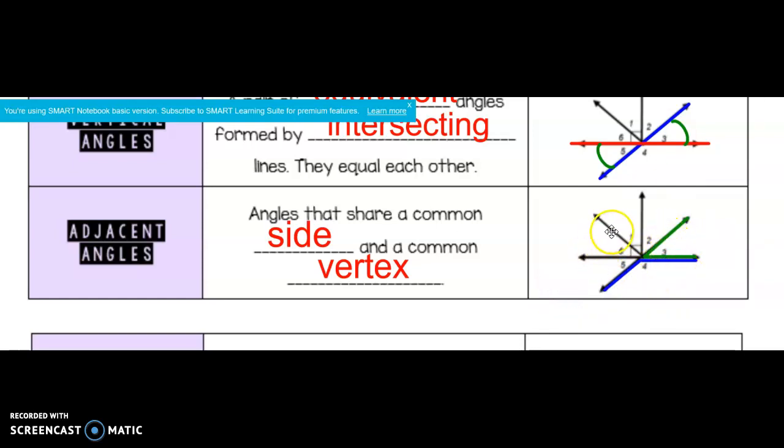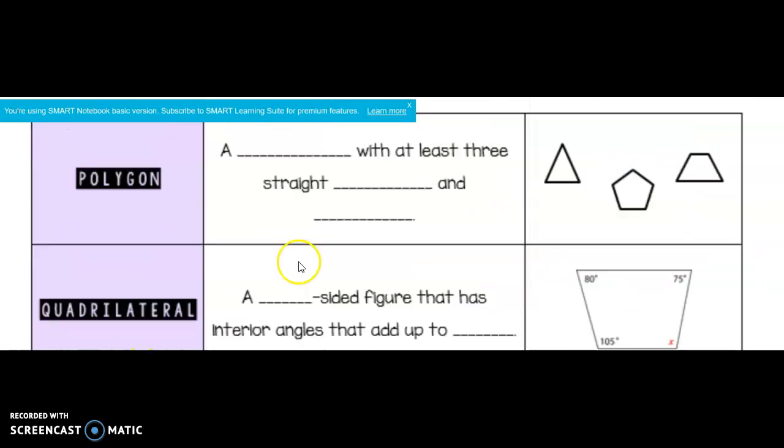Angle 3 and angle 6 would not be adjacent. Although they're sharing this common vertex, angle 3 here and angle 6 here are not sharing a common side. There are several other examples of adjacent angles here, but we'll go over this further later in the week.